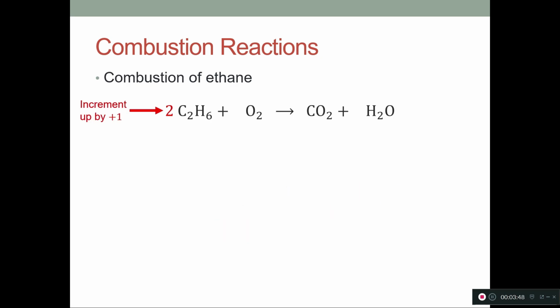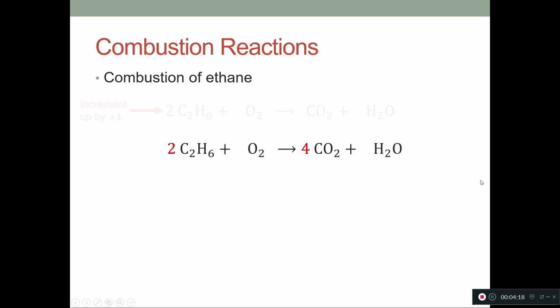So what we can do is increment this up by 1. So now we have 2 ethanes rather than 1, and now we can try doing this again. I'm going to start by balancing the carbons. We have 4 in the reactants, so let's put a 4 in front of the carbon dioxide here in the products. And then we want to do the hydrogens. We have 2 times 6 is 12 in the reactants, so we have to get 12 in the products as well.